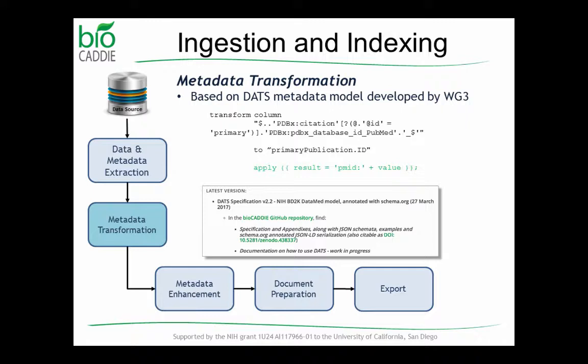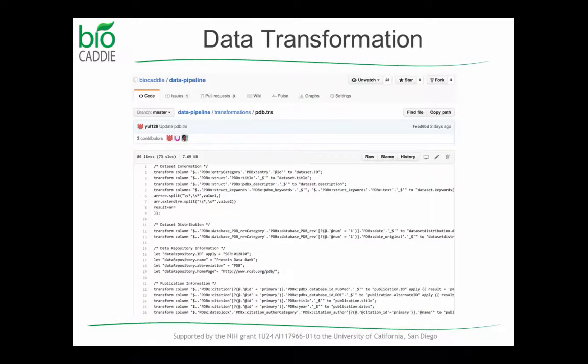And so we have to do a transformation of that information into a DATS compliant model. And so we have a language that allows us to do these transformations. And as we bring in new data resources, sometimes the language has to be extended a bit. So that's ongoing work that's been going on in the last year as well.